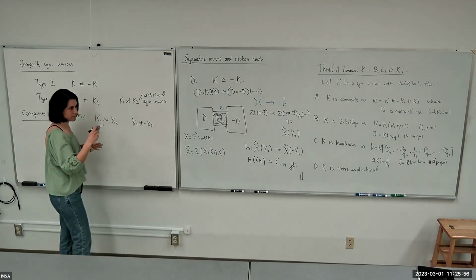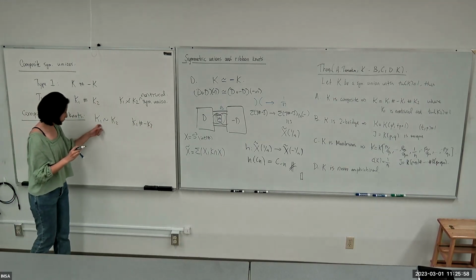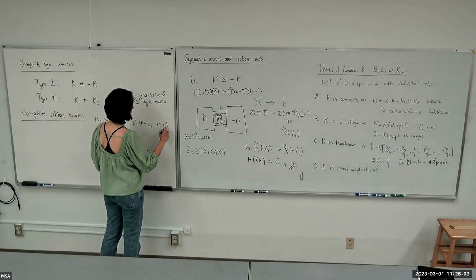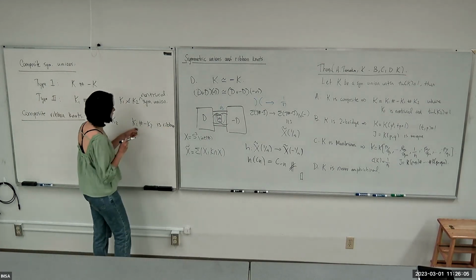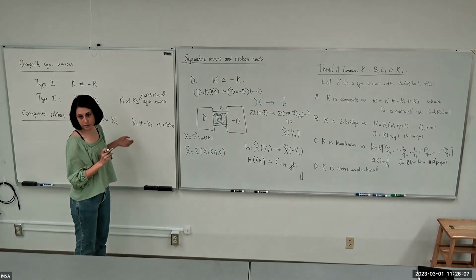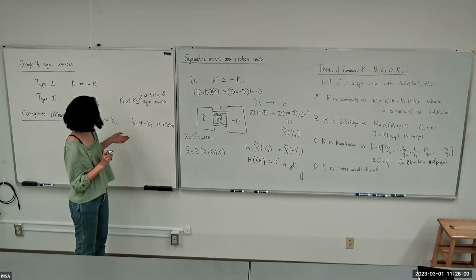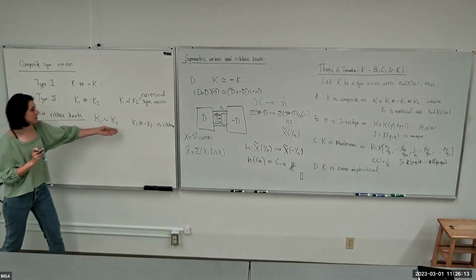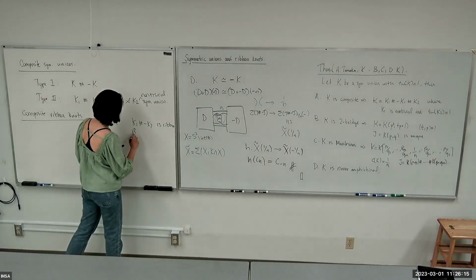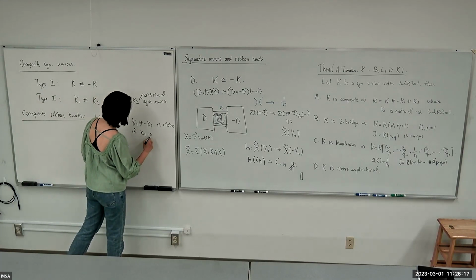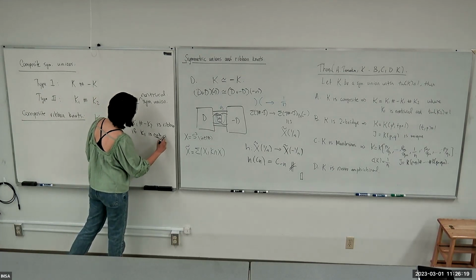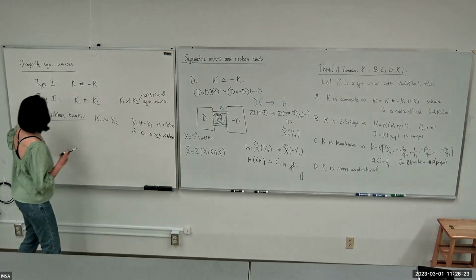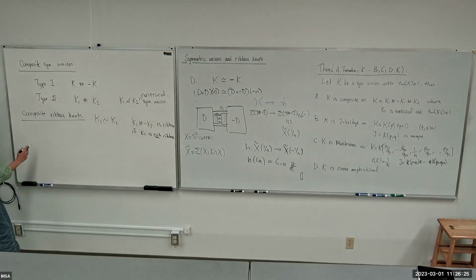The connected sum of one of them and the mirror of the other one will be ribbon. And if either of them is non-slice, the other one is also going to be non-slice or non-ribbon. Such a knot, if K1 is not ribbon, is not going to be in type 2, right? Maybe an example.